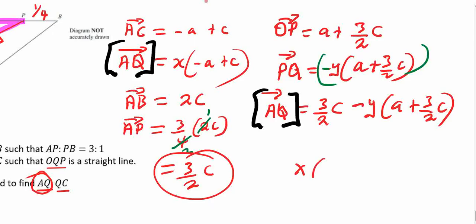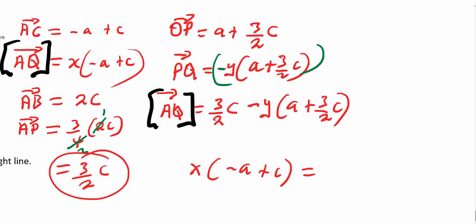So X(negative A plus C) would be equal to 3 over 2C minus YA plus 3 over 2C.